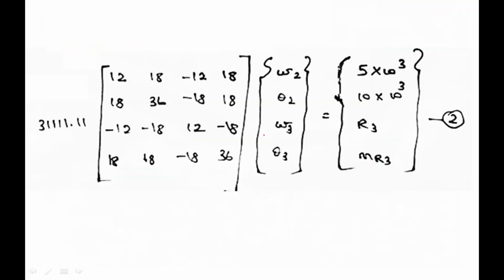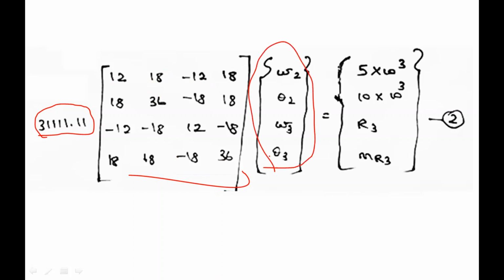The same matrix, 12, 18, minus 12, 18, appears because L1 and L2 are the same. The only difference is the degrees of freedom. We also get F2 as 5 into 10 power 3 Newton and M2 as 10 into 10 power 3 Newton meter, then the reaction force and reaction moment. This is the element characteristic equation for element 2.